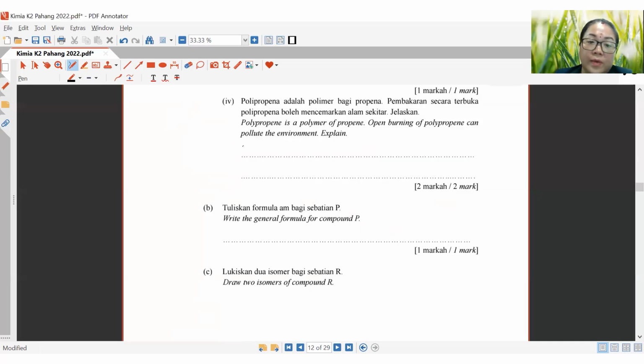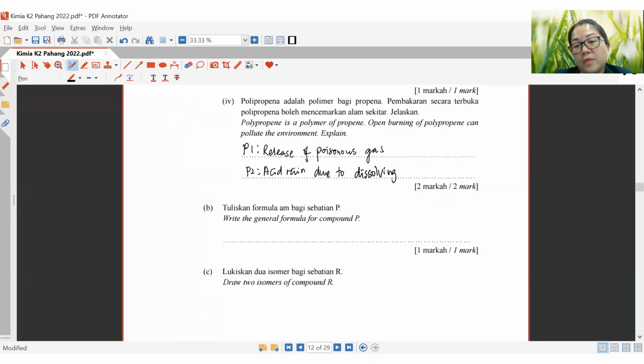Okay, so point 1, release of poisonous gas. And then what will happen when poisonous gas is released? It will be soluble in rainwater, and hence it will produce acid rain. Okay, so acid rain due to dissolving in rainwater.